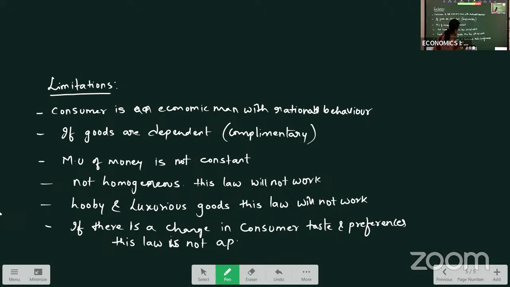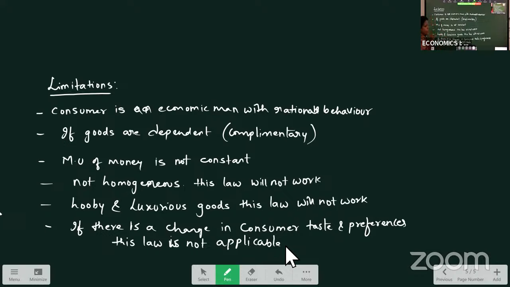Because as our taste and preferences are changing, we cannot explain this law. Why? Because in this law, we assumed that our consumer behavior will not change. So if the consumer taste and preferences are changing, then this law is not applicable. So these are the limitations.